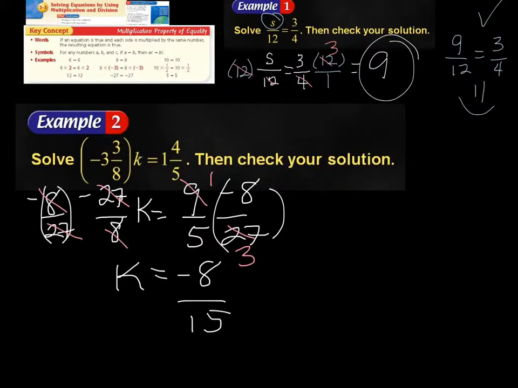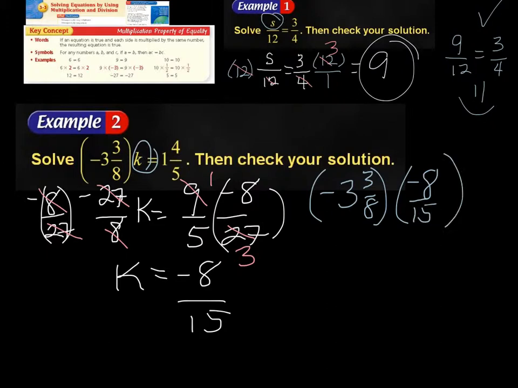Then check your solution. So if we start off with our original equation, -3 3/8, and we take it times our k we found was -8/15. We still have to change the -3 3/8 to an improper fraction, which is still going to be 27/8. And it was negative times -8/15.